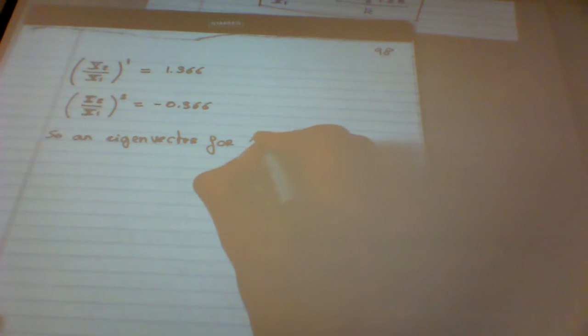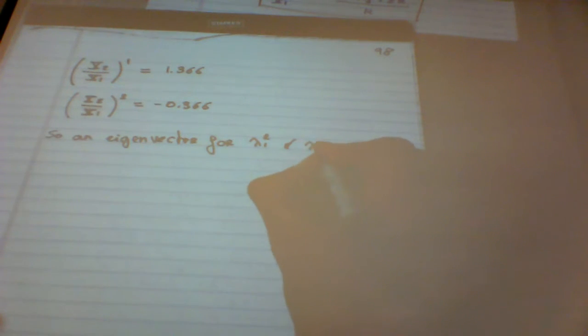So do we do this stuff here? I know I may have changed the notation. And eigenvector, lambda 1 square and lambda 2 square. I'm giving you the answer here, could be what?